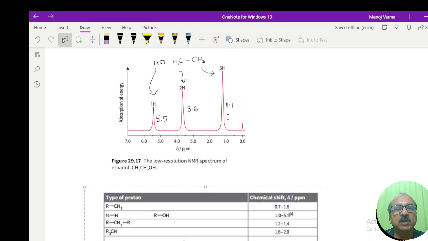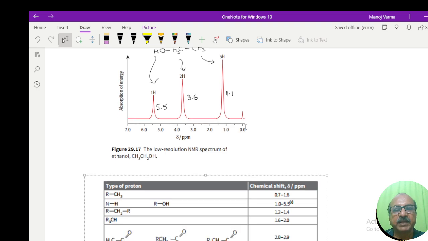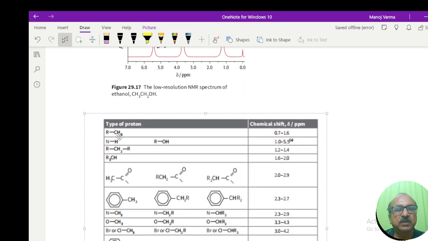So as I told, there are three different environments for the protons. All the three protons are similar, but they are different from these two. So there is one signal corresponding to this, and the chemical shift is around 1.1, which corresponds to this methyl group, so which is correct.